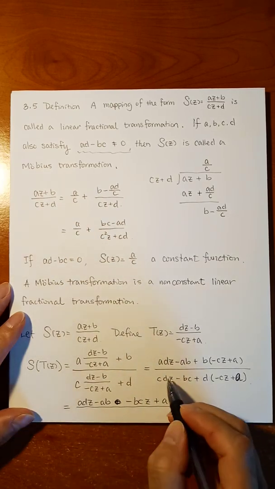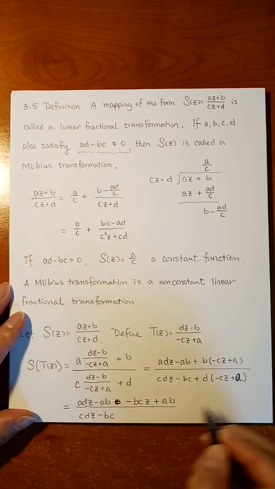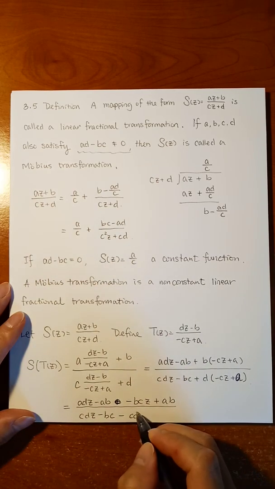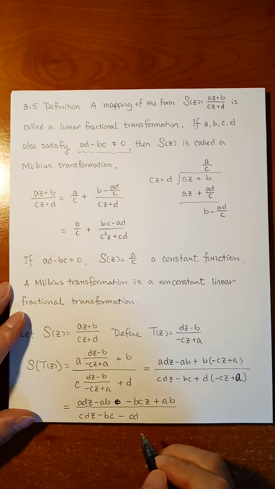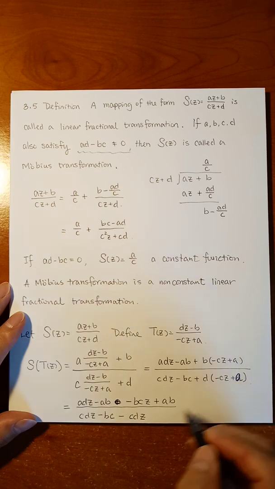The denominator is cdz minus bc minus cdz plus ad.